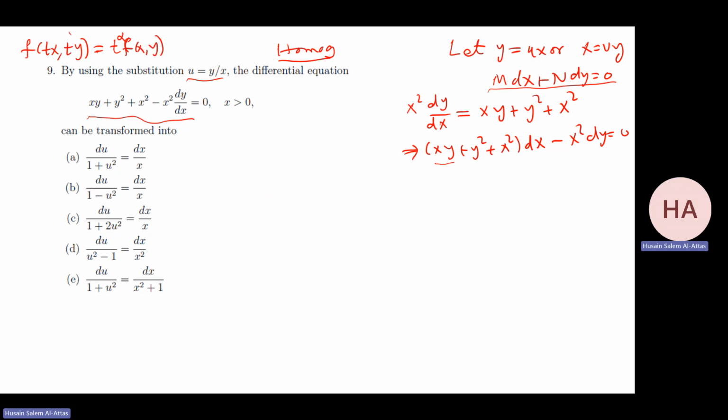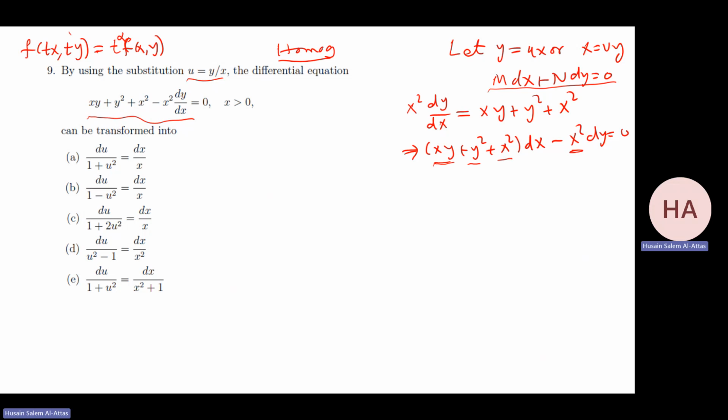If it is the same alpha, then it's homogeneous. Now actually check the powers. Here is 2, here is 2, here is 2. So this is homogeneous of degree 2, and this is homogeneous of degree 2. If both M and N are homogeneous with the same degree, then we have a homogeneous equation.